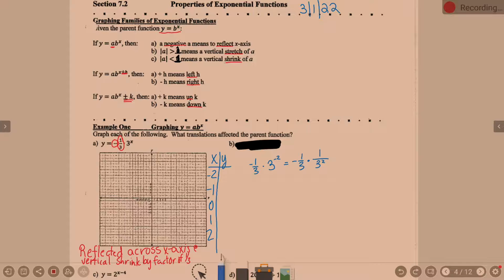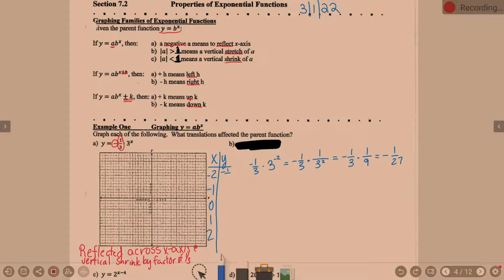So negative 1/3 times 1 over 3 to the second. So negative 1/3 times 1 over, what's 3 to the second? 9. What's negative 1/3 times 1/9? Negative 1 over 27. Negative 1/27.